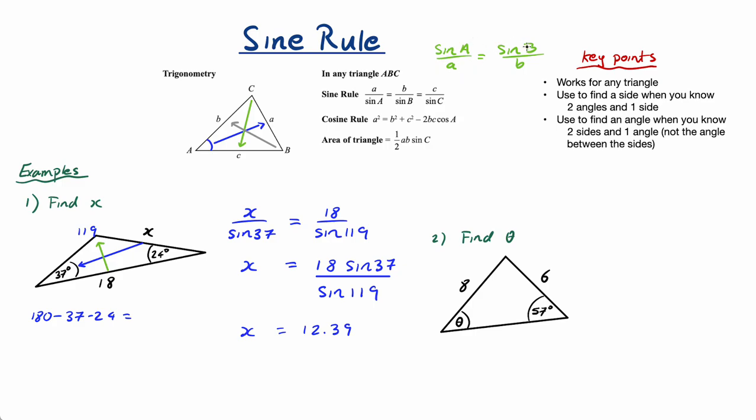Now note, guys, we only need two of them. You don't have to make an equation with two equal signs. You just use two. So I can actually start with this, rather than having to rearrange after.